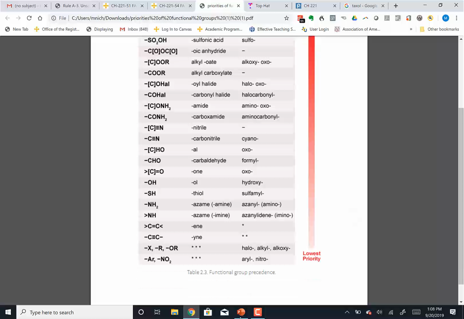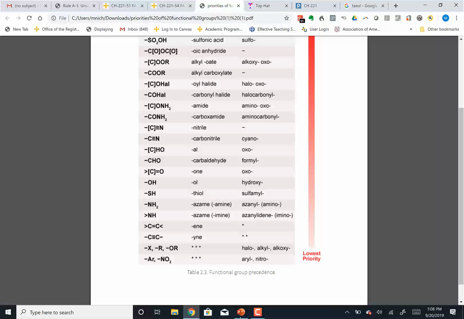Now for this chart, though, the priorities for today's kind of naming were halides, ethers, and so for the halides and the ethers, notice that they are second to last on the chart. And what that means is that for the halogens and the alkoxy groups, they have no standing.